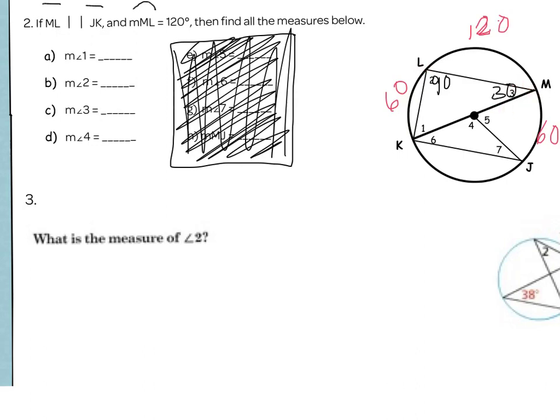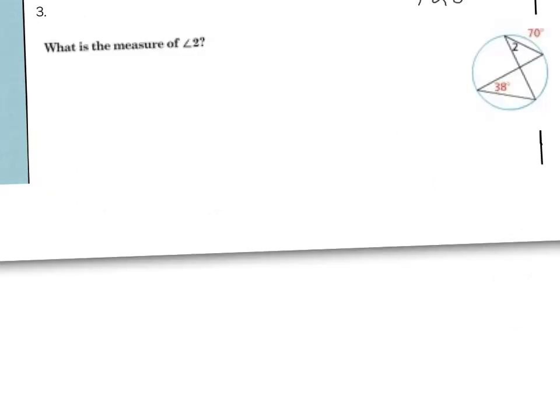All the angles in a triangle add up to 180 degrees, so angle 1 would have to be 60. Last but not least, we need to figure out what angle 4 is, and here's angle 4. Angle 4 is from K to J, that arc, and we know this arc has to be 120, so that makes angle 4 60.